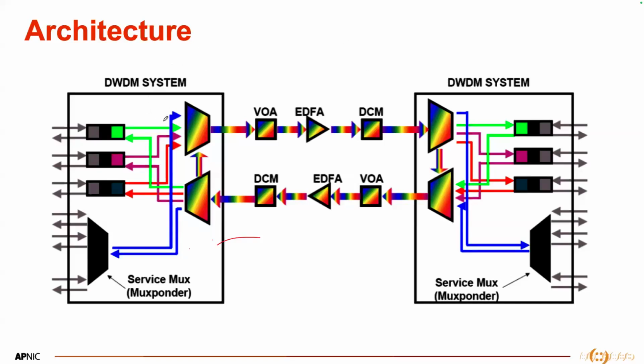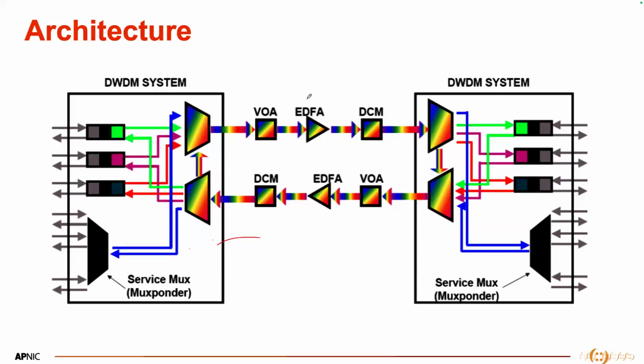Whenever you work with a DWDM system, there will be node A, node B, and in between these two nodes there will be fiber. That is the very basic structure.